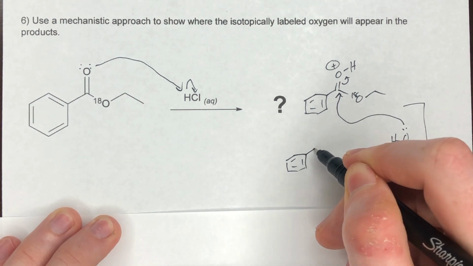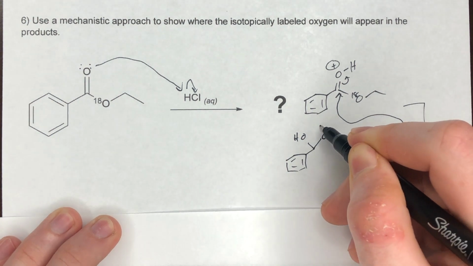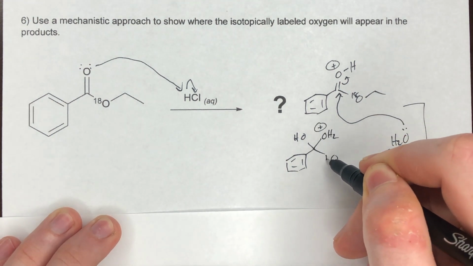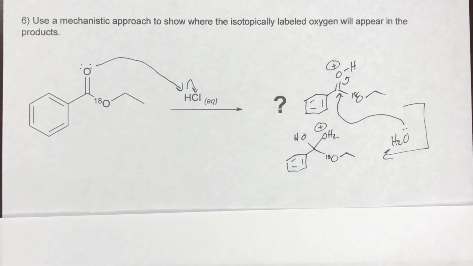And after this, you will get a proton transfer. And don't get too caught up on the proton transfer. This occurs so quickly that it's difficult to determine mechanistically how that proton is transferring.